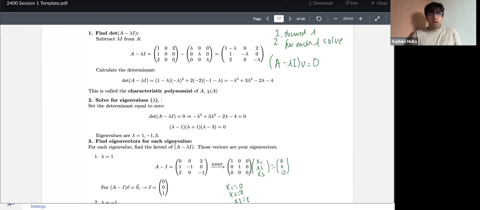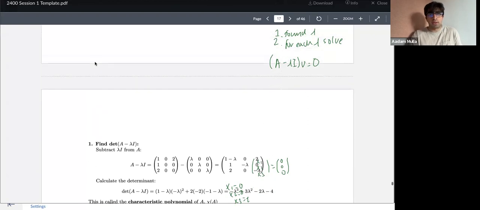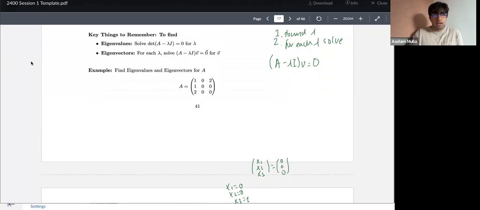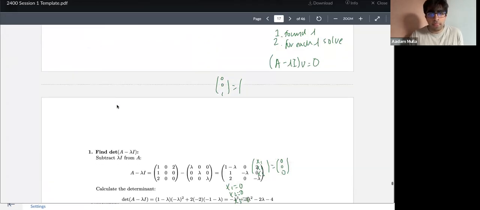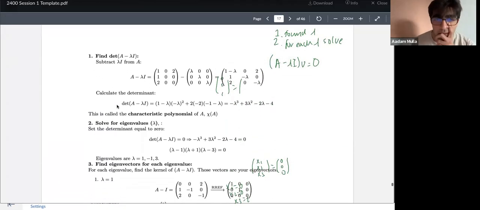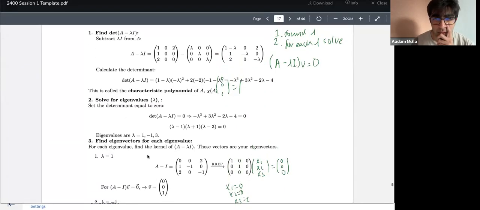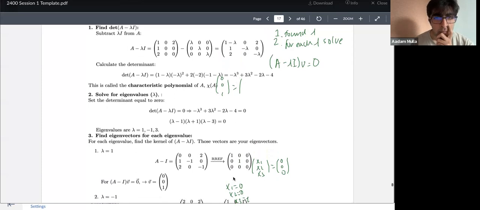Okay, and you can always go up and check this in the matrix. If you multiply this matrix by 0, 0, 1, what do we get? 0, 0, we get, oh, wait, 2? Maybe something might be wrong here, a little bit weird. The reduced row echelon form, x1 is 0, x2 is 0, and x3 is 1.